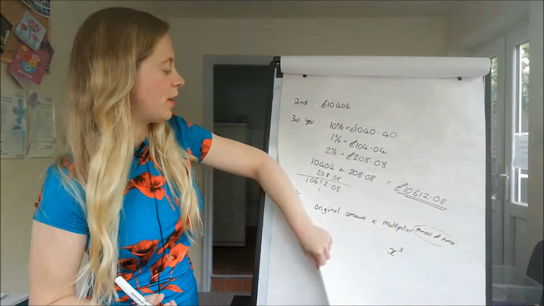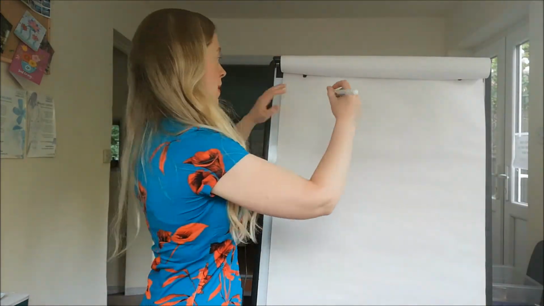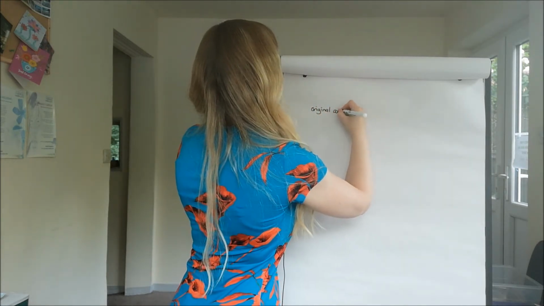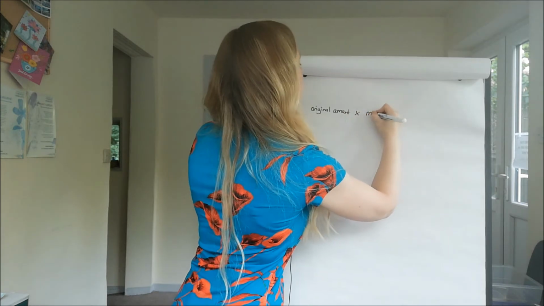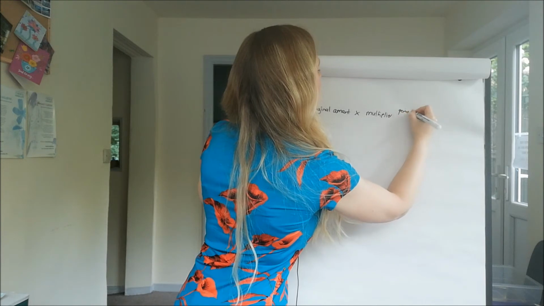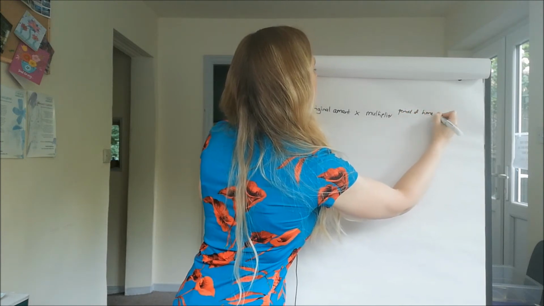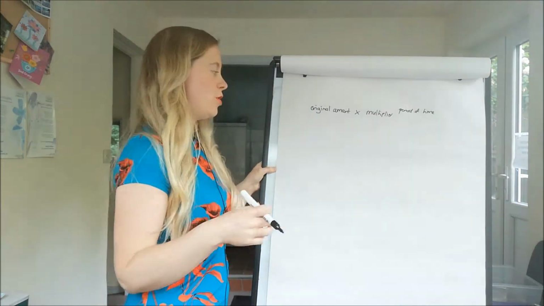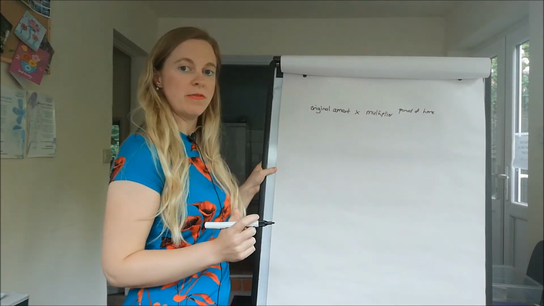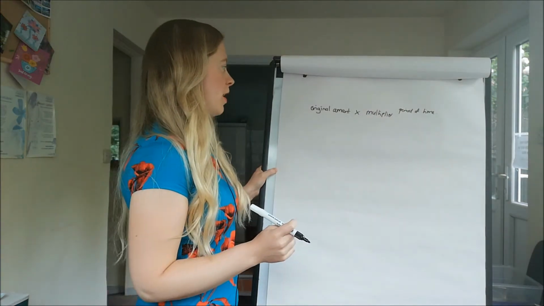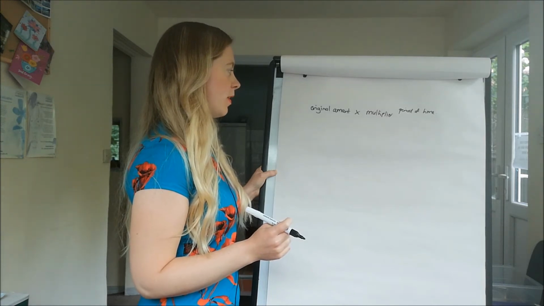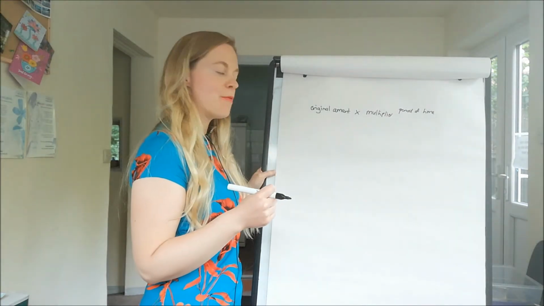I'll have to turn over again because I'm running out of space. So I'll just copy that formula down again so that I can show you how it's used. So in your notes, you'll have used the formula original amount times multiplier to the power period of time. And then put e.g. and copy the same question down as before.